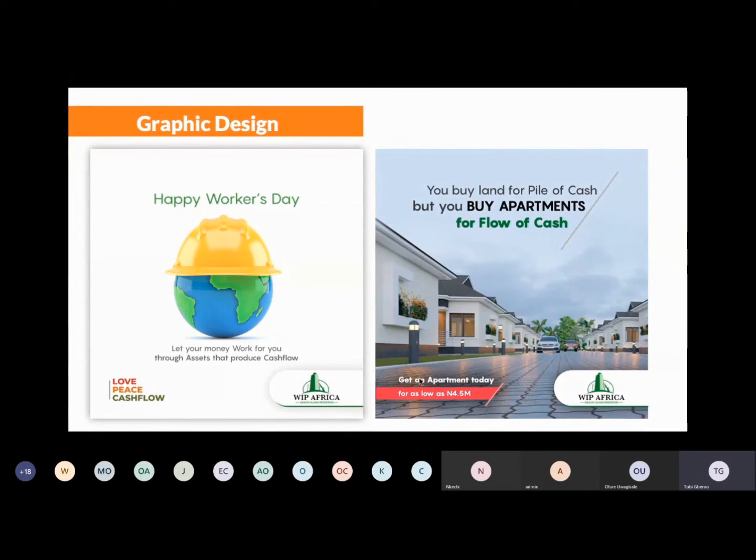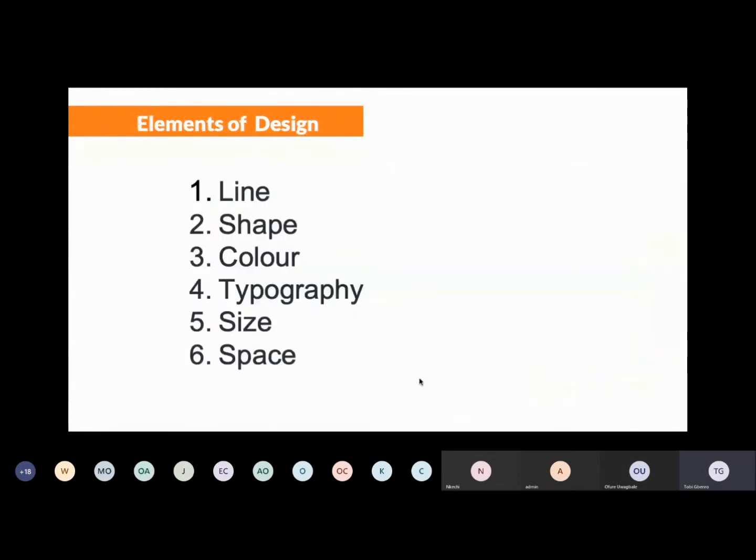So you can have a rectangle, a circle, a square, whatever shape it is, right? All the software that we use, they have all the different shapes. How you want to use the shape, you will then determine that by yourself. Number 3 is color.